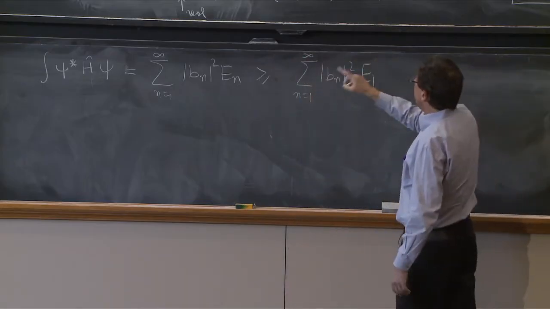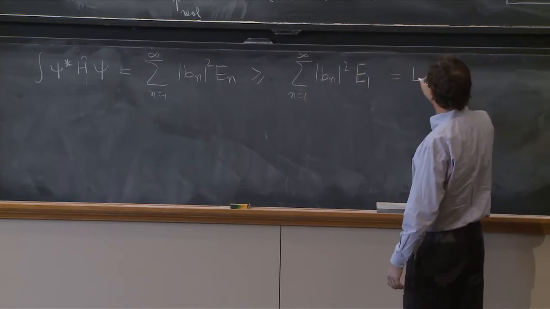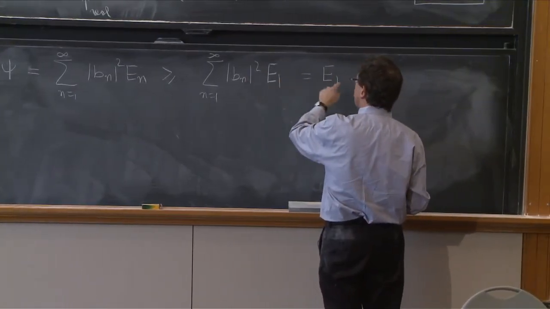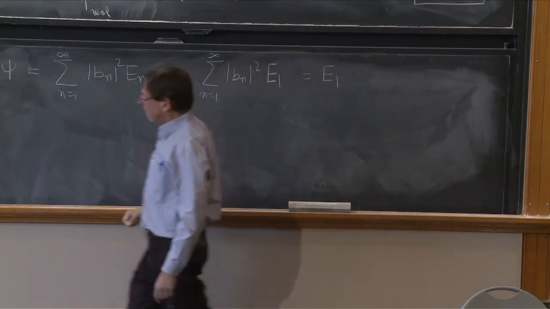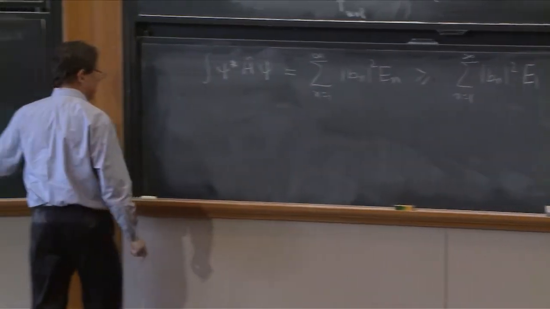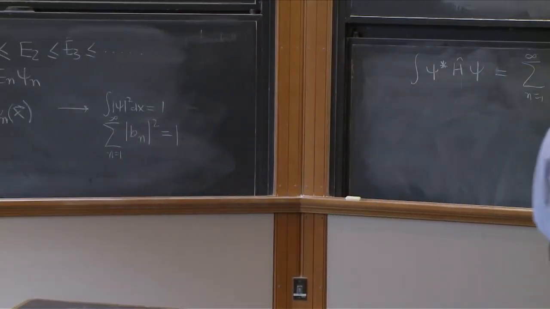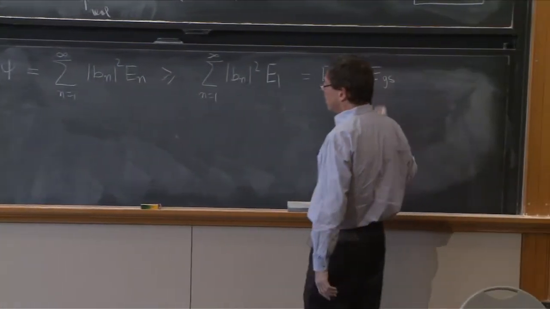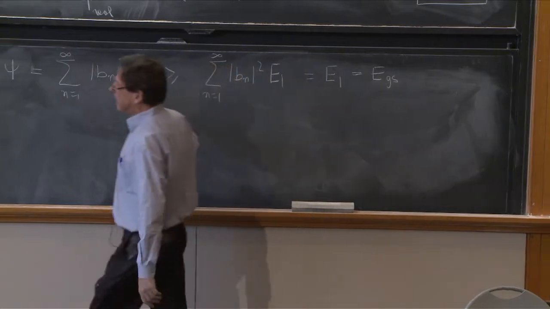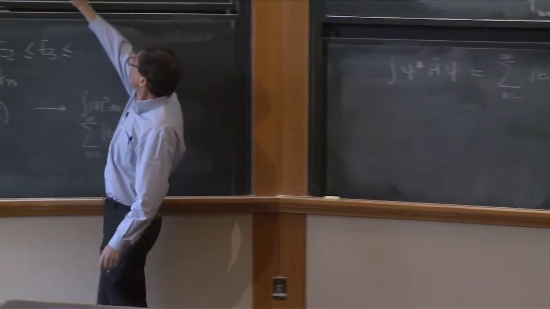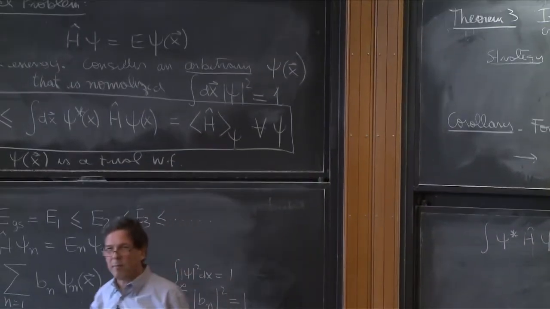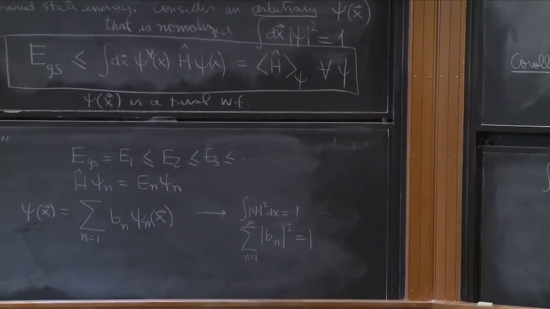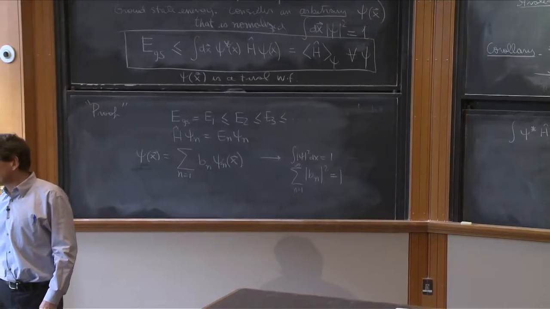But now E1 can go out of the sum, so this is E1 times this sum, which is 1, because the sum of Bn squared is equal to 1. And E1 is the ground state energy by definition. So the ground state energy is less than or equal to this, which is the expectation value of the Hamiltonian. Pretty simple, in fact. The proof is really a little too simple.